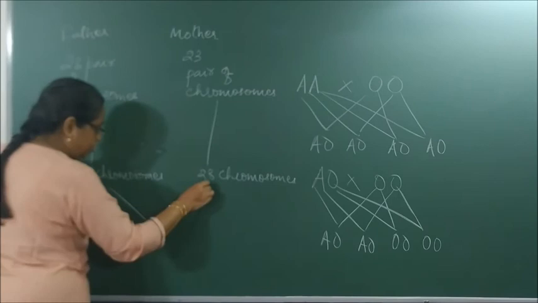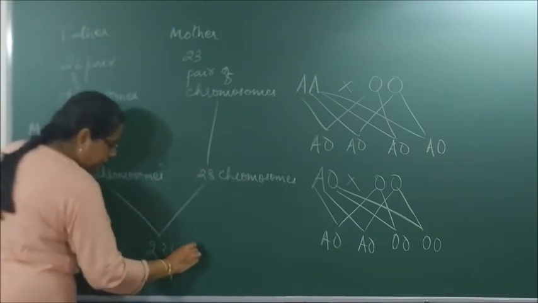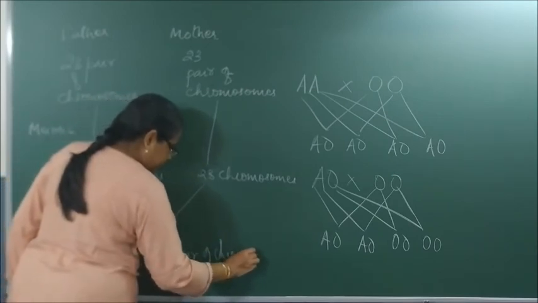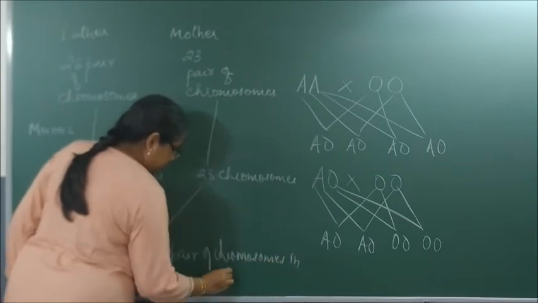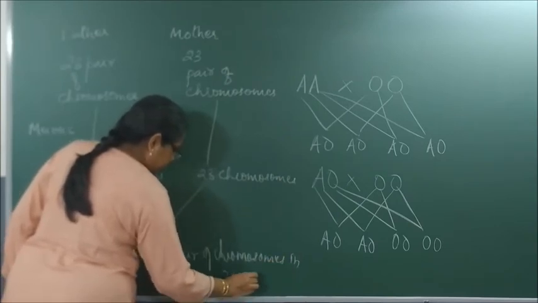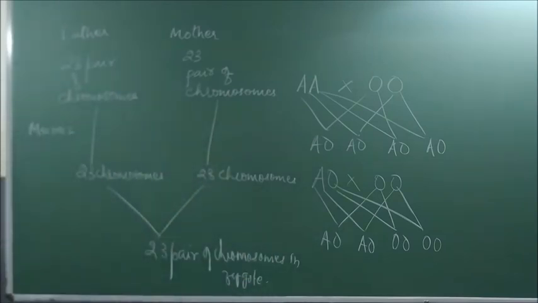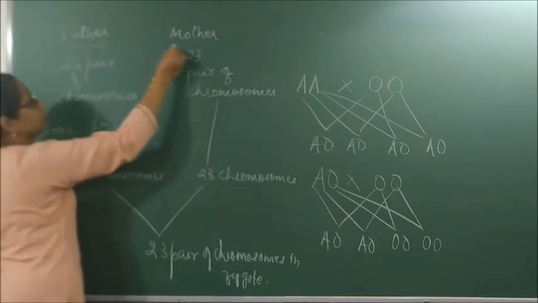When the zygote is formed, you again get what? 23 pairs of chromosomes. Equal contribution, 23 pairs. This is father, this is mother.